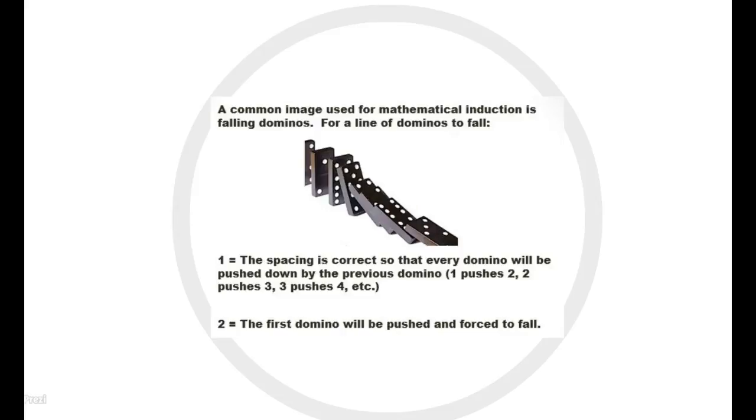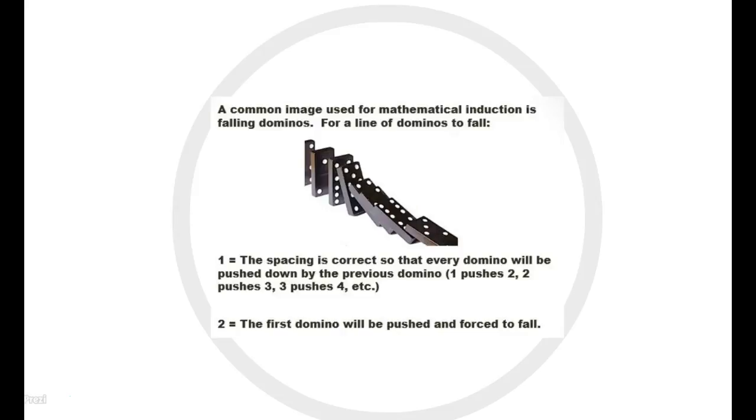One of our steps in the mathematical induction is going to be showing that if the previous domino falls, I know that the next domino in line is going to fall. Beyond that, you have this great set of dominoes, and you have everything set up to where if the first one is pushed, the second one will go down and it forces the chain reaction.